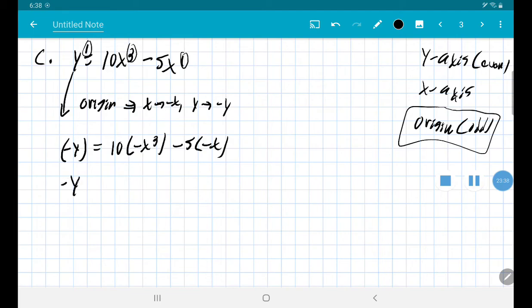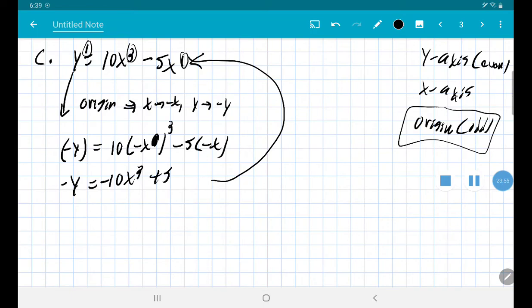When I cube a negative, it's going to become negative, and then that's going to turn positive. So I check, is this identical to what I started with? No, it's not. So you say, oh no, but it should be origin symmetry. Mr. Winter, you promised it would be origin symmetry.